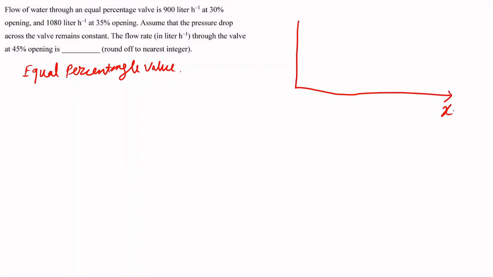Let's say x is my valve opening, that is, how much percentage of the valve is open, from 0 to 1, where 1 means the valve is 100% open. Then the fraction of the flow passing through, or the flow capacity, we can call f of x. We can plot it in such a manner.